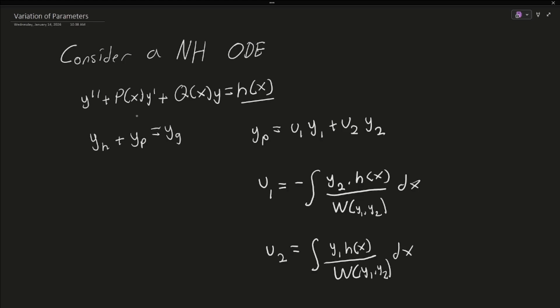Basically, you set h of x equal to 0 and solve this differential equation to get your homogeneous solution, yh. Then we get the particular solution. For the particular solution, the method of undetermined coefficients would create guesses, and as long as it doesn't create linear dependence with the homogeneous solution, we would get that y particular, and we would add these up and get our solution.